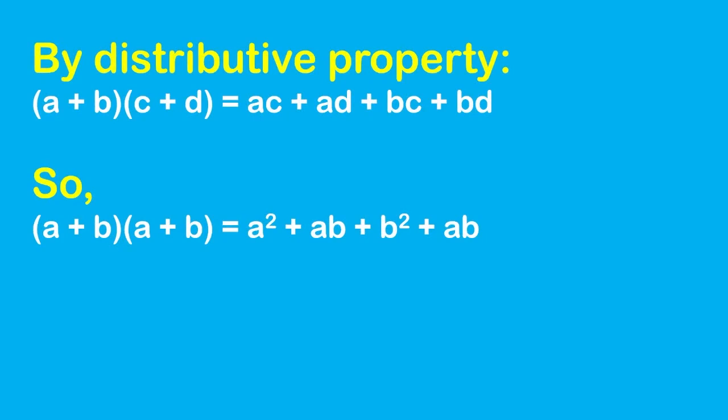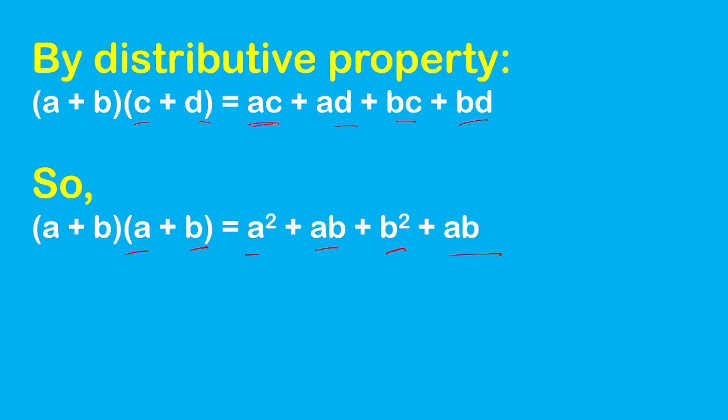The answer is by using the distributive property. If you remember from the previous chapters, the distributive property states that (a plus b) times (c plus d) is ac plus ad plus bc plus bd. Here, if we take a and b again instead of c and d, we will get a square plus ab plus b square plus ab. How?